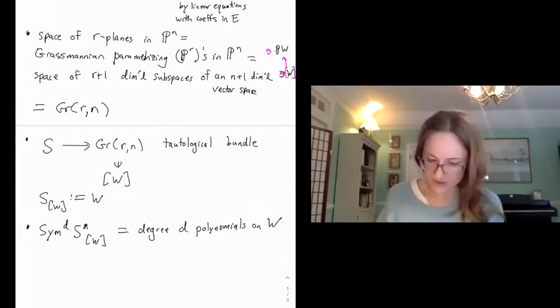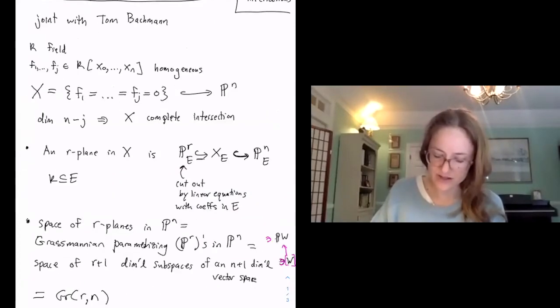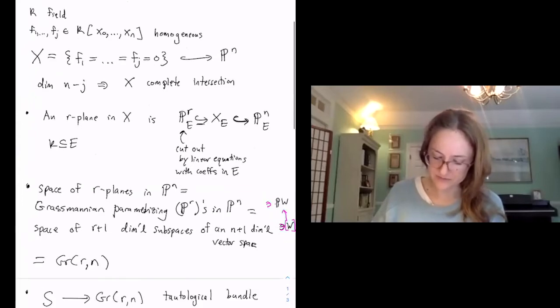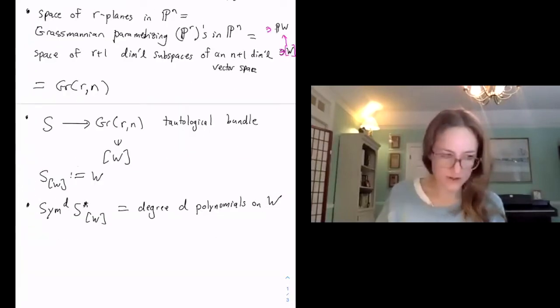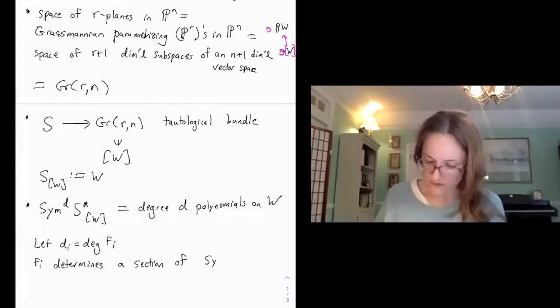So let's give ourselves notation for the degrees of the Fi. Let di equal the degree of Fi, and Fi determines a section of Sym^di S dual.